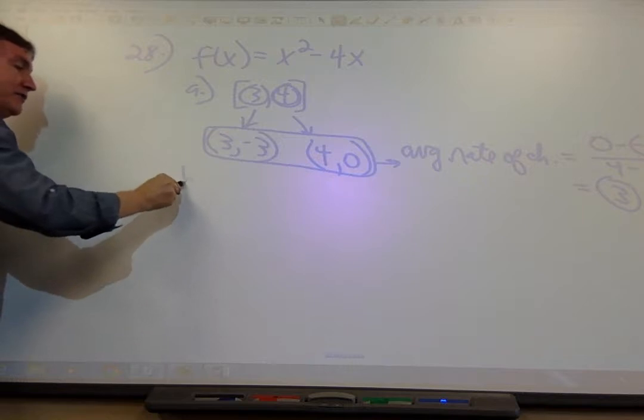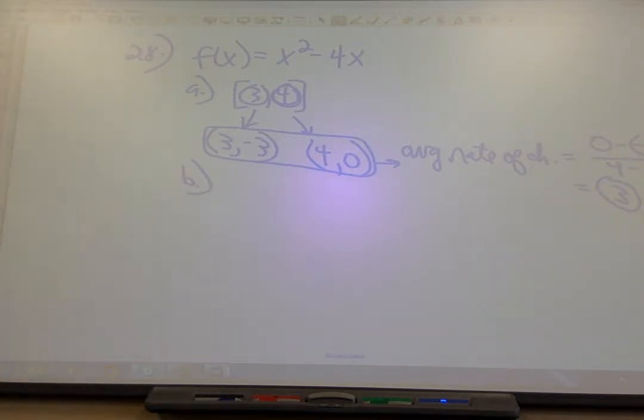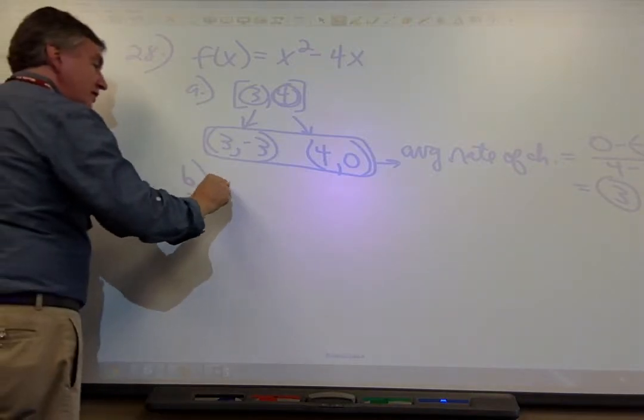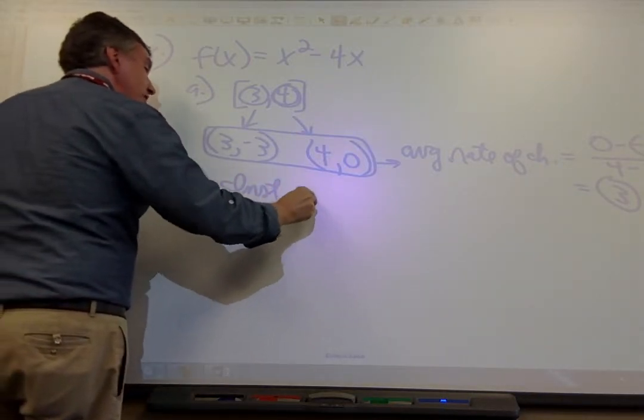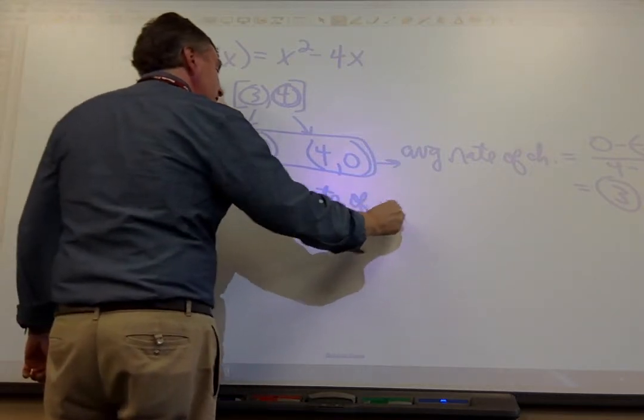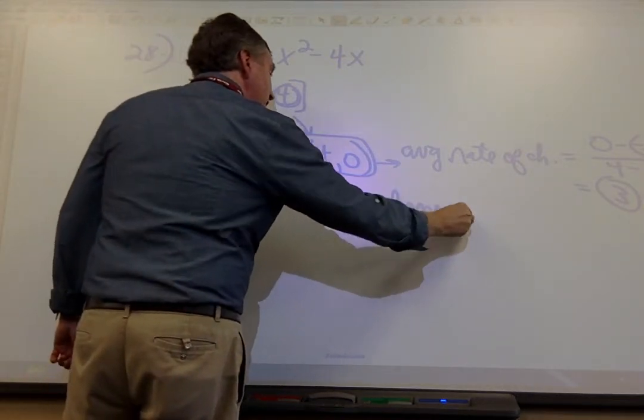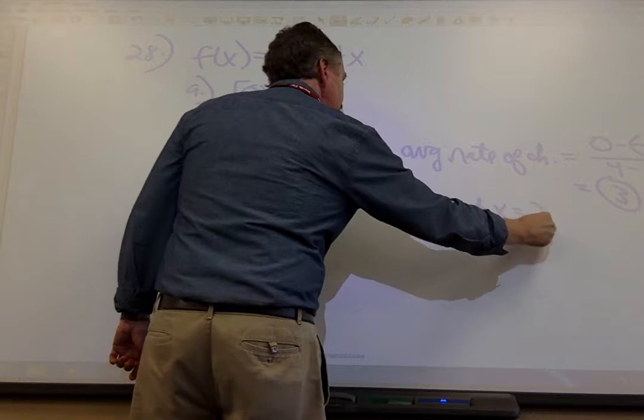Why don't we go right to the meaty one? Part B, look at what it says. Find the instantaneous rate of change at x equals 2. No, at x equals 3. Looked at the wrong one. Instantaneous rate of change at x equals 3.